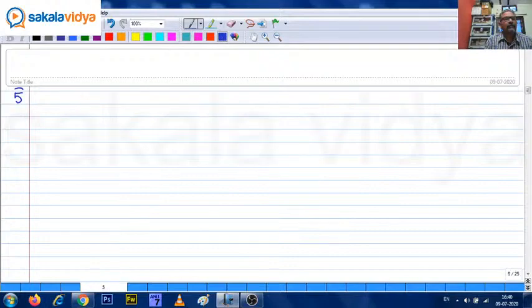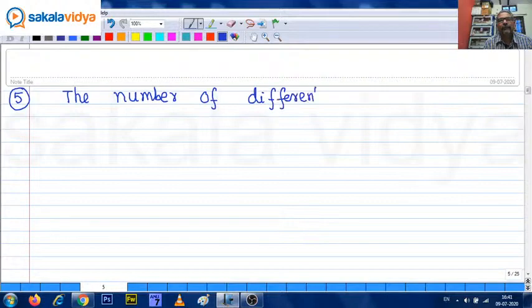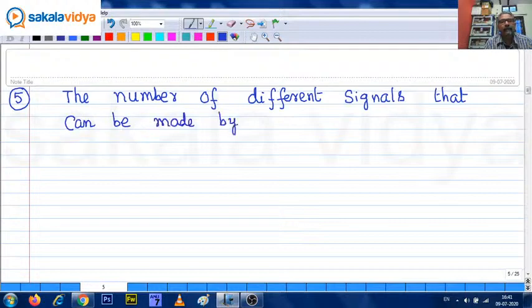So now the fifth question. The number of different signals that can be made by 5 flags from 8 flags.